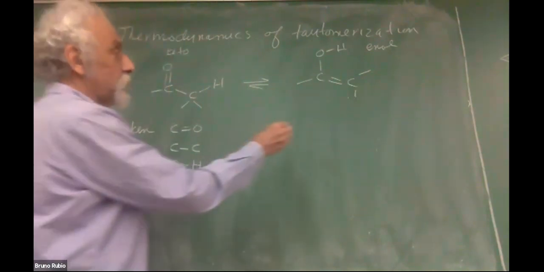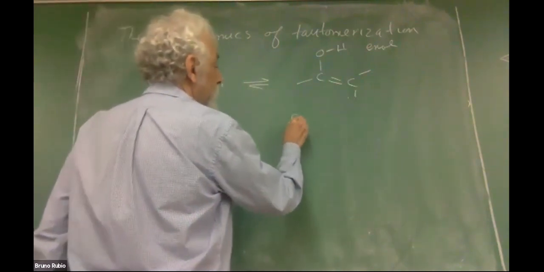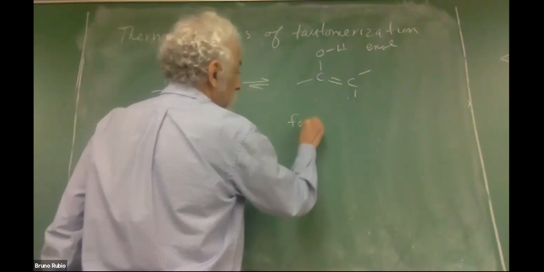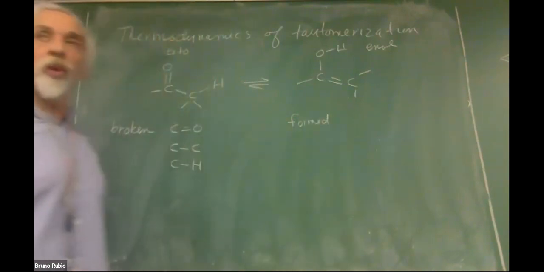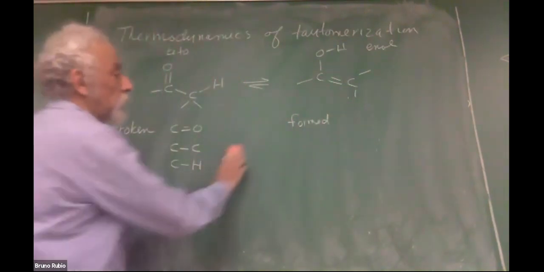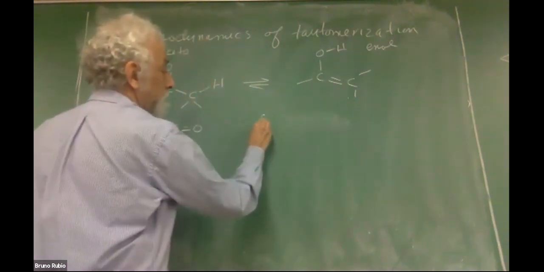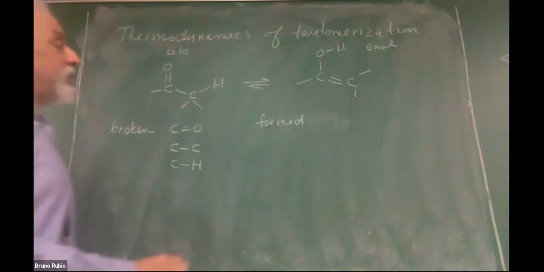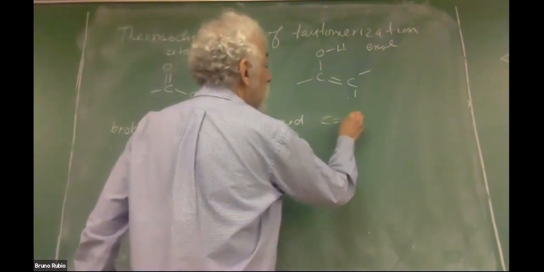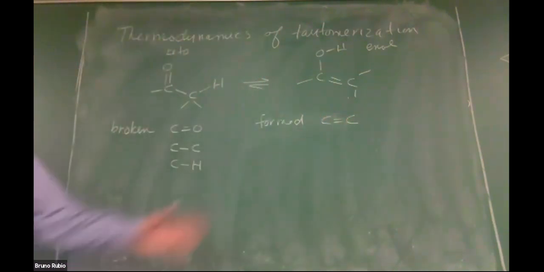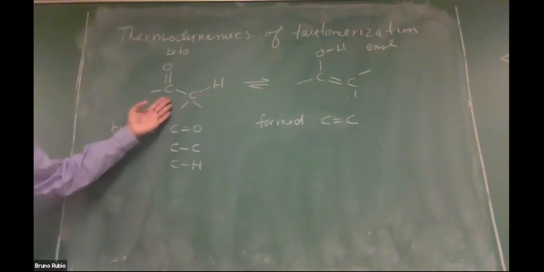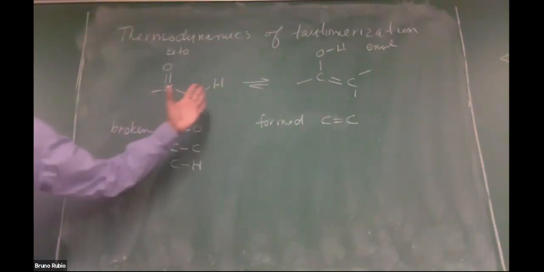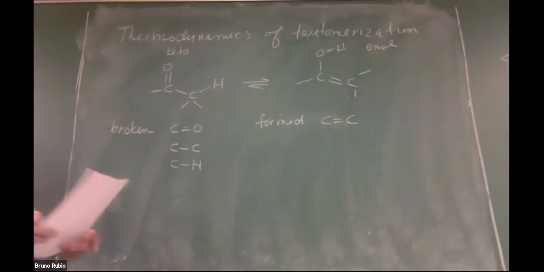Okay, now let's look at this guy over here, and let's talk about what were the bonds that were formed. Well, over here, I see a carbon-carbon double bond in the product that did not exist in the starting material. So the carbon-carbon double bond was formed.